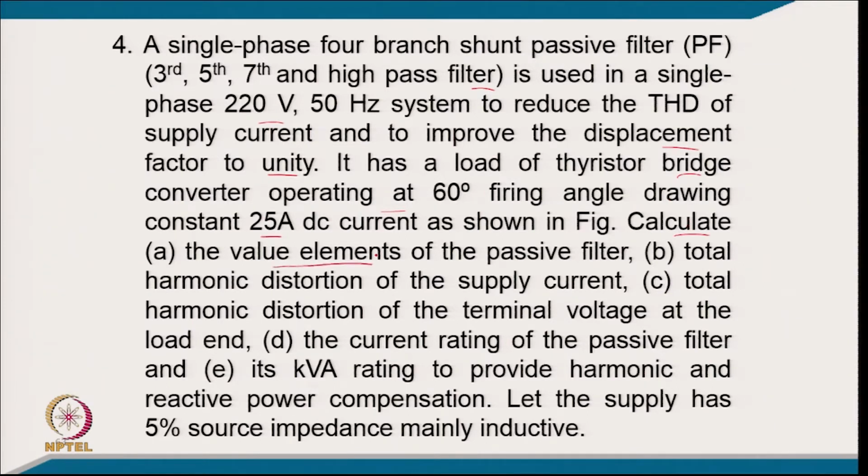Calculate the values of the elements of the passive filter, the total harmonic distortion of supply current, the total harmonic distortion of terminal voltage at the load end, the current rating of the passive filter, and the kVA rating to provide harmonics and reactive power compensation. Let the supply have a 5% source impedance, mainly inductive.